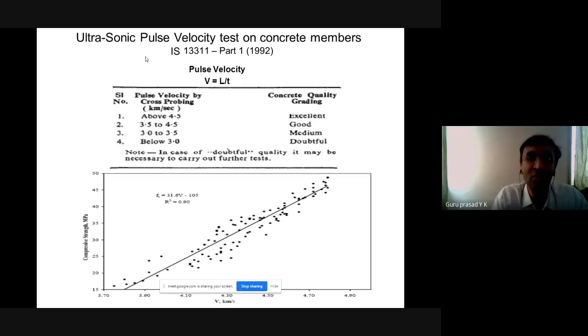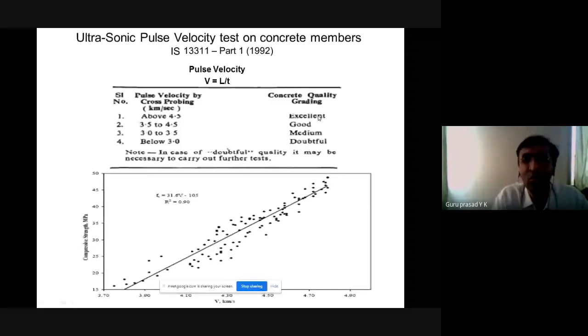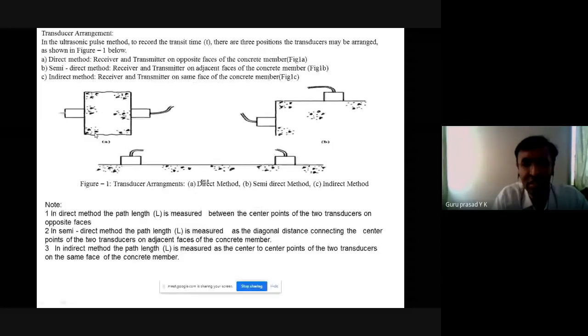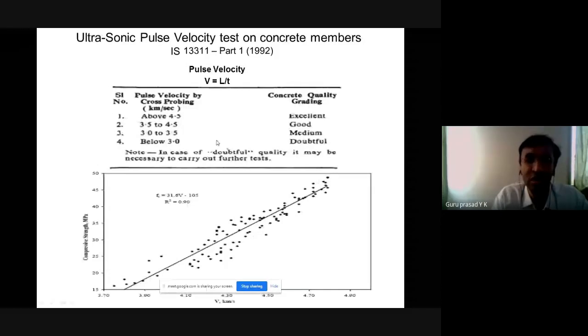For pulse velocity by cross probing, you can find a table in IS 13311, where, based on the value of the velocity, you are able to assess the quality of concrete. You measure the path length in meters and the transit time in microseconds.